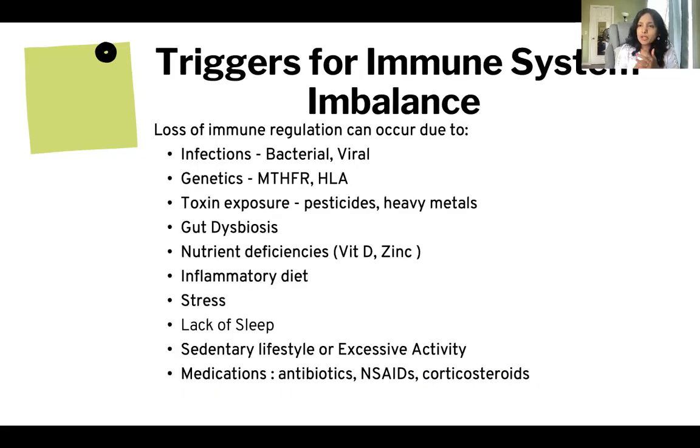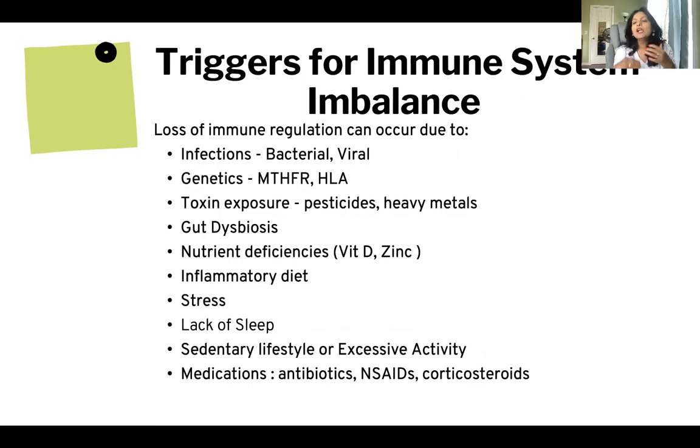Now, what are the triggers when I say that the immune system gets imbalanced? There are lots of different things that can attack our body, and when those things happen, the immune system is always on guard. For example, infections, which I already talked about. Then sometimes there are also genetic mutations.